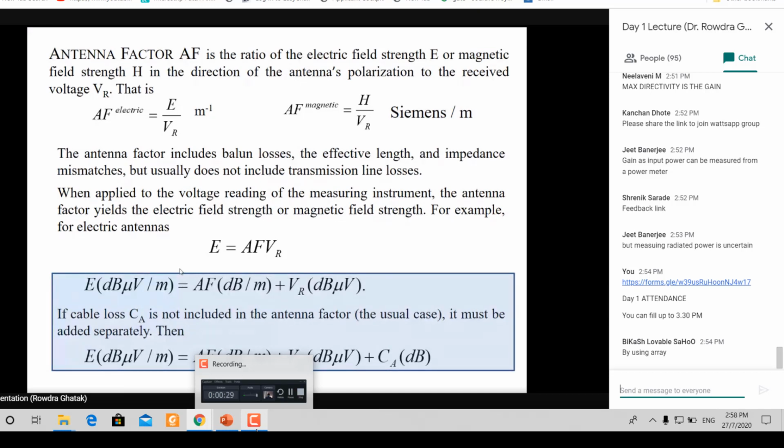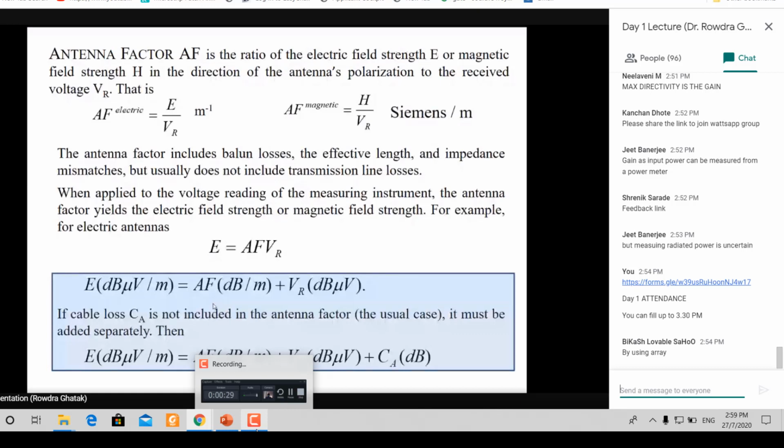Similarly, another important term associated with this is antenna factor. It is the ratio of the electric field strength or the magnetic field strength in the direction of the antenna's polarization to the received voltage. So antenna factor is generally specified, and you can find out the received voltage. These two terms you can again put in the log scale.